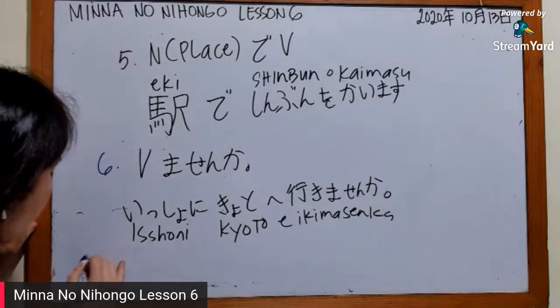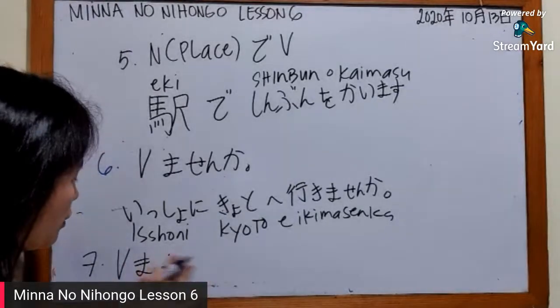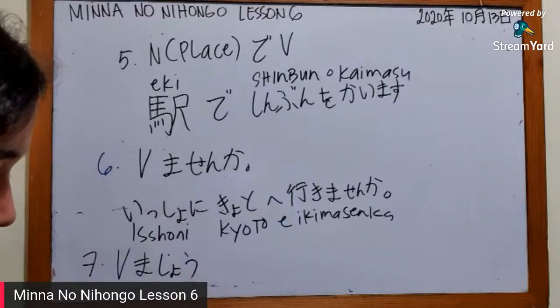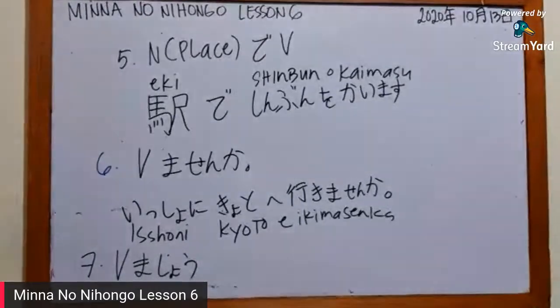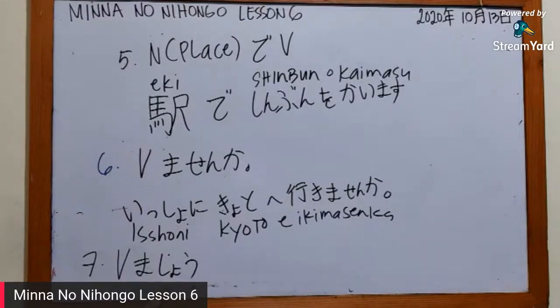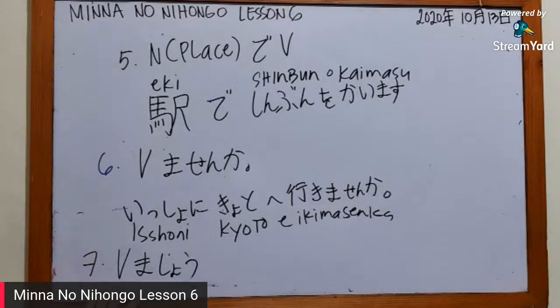Our number 7 grammar point is masho. Okay? This one is used when the speaker is positively inviting the listener to do something with the speaker. In Tagalog, masho, kain tayo?